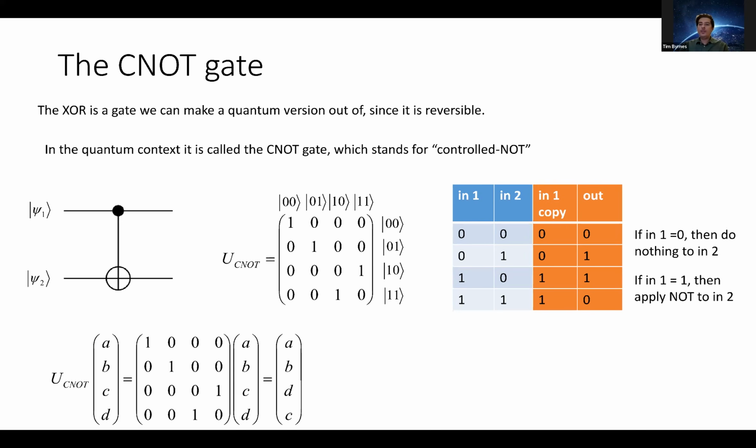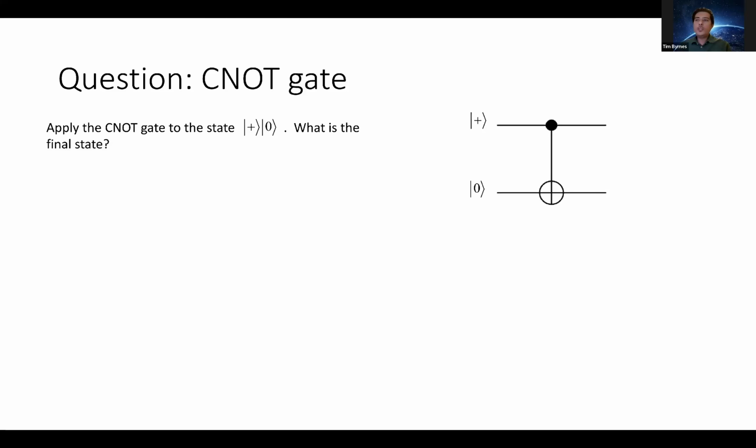Okay, no, all right. So let's do a little bit of practice together. Suppose you start in this state, which is the plus state and 0, and then you apply the C0 gate. Now work out what the final state is.